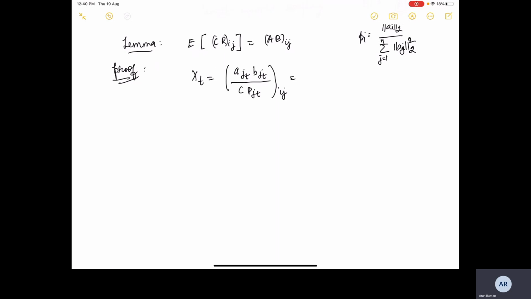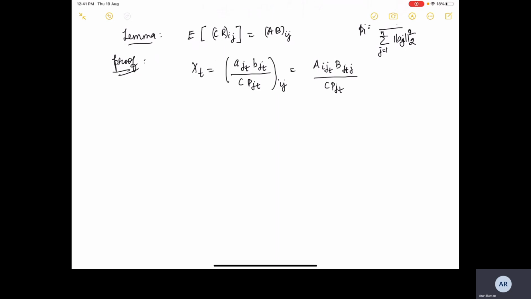As we saw earlier, the dimensions of the true product and the approximate product match. So the ijth entry is nothing but a_{i j_t} b_{j_t j} divided by c p_{j_t}, because A_{j_t} is the column, and this is what we have.